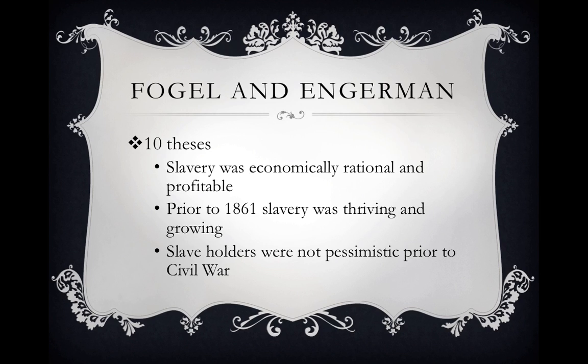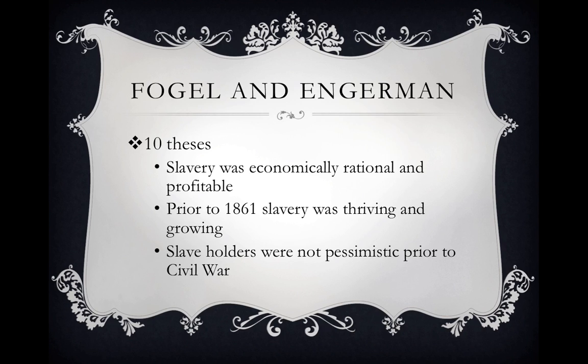So just realize that their argument is that yes, the price of slaves was going up, but that was because the demand for cotton was increasing because of the Industrial Revolution. And since slave labor was so closely tied to cotton production, as the demand for cotton went up, the demand for slaves went up.